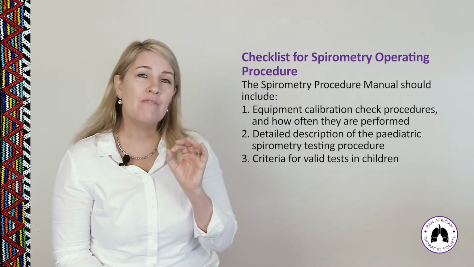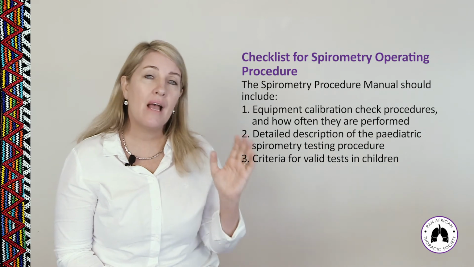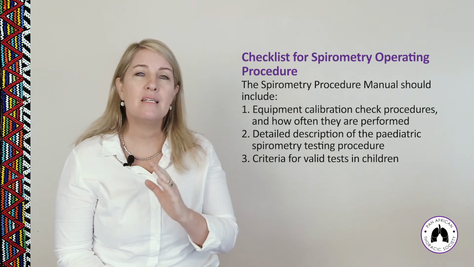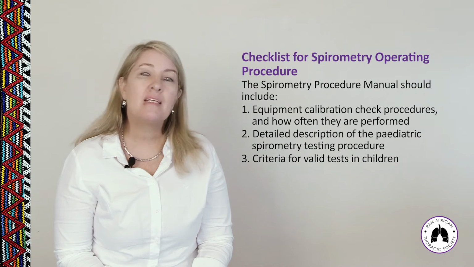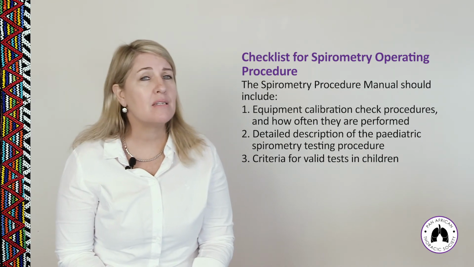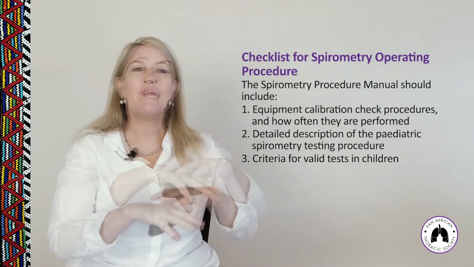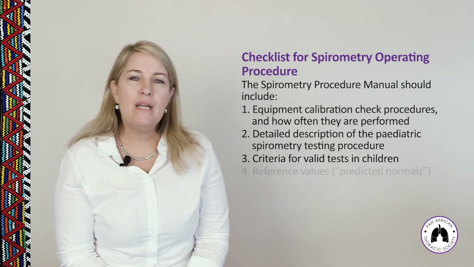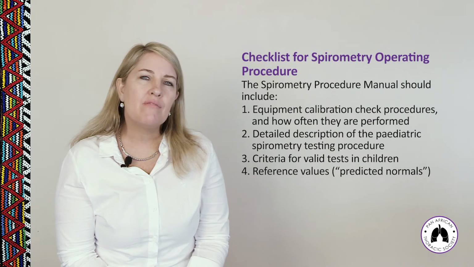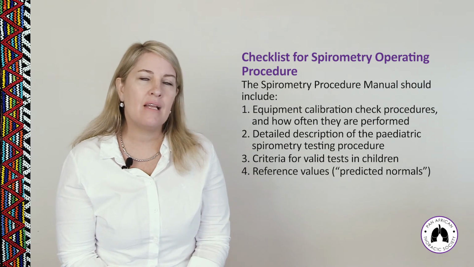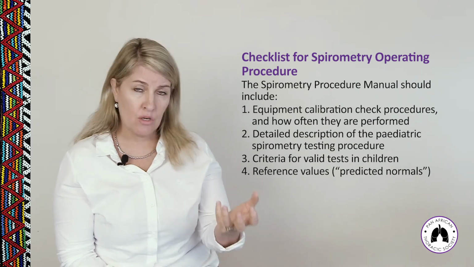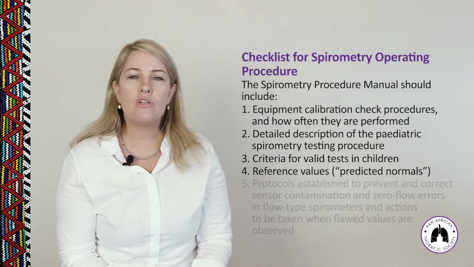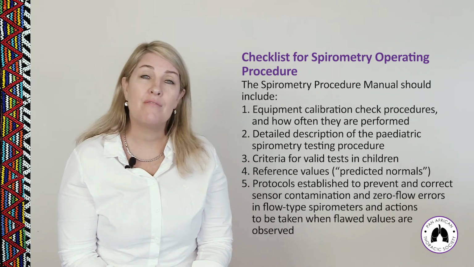So remember that validity is another word for acceptability, usability, and repeatability. Acceptability, usability, and repeatability are part of the data validity criteria. We need to mention what the reference values will be in that workplace against which the child's blow is looked at. We need protocols to establish and to prevent infection.